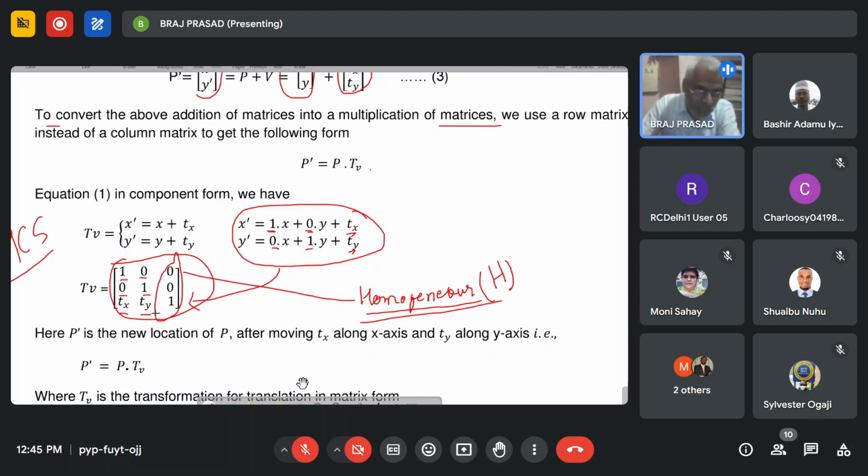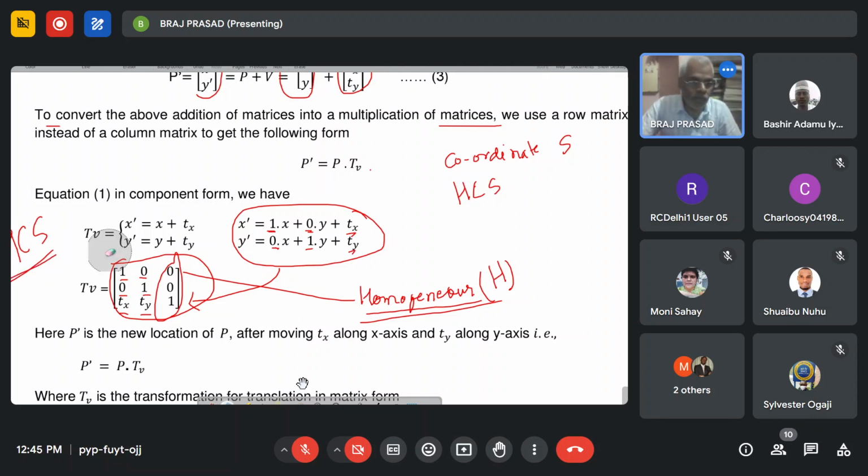Without this extra column, it is the coordinate system, where we use only two dimensions. But in case of HCS, we add one more column or one more dimension.